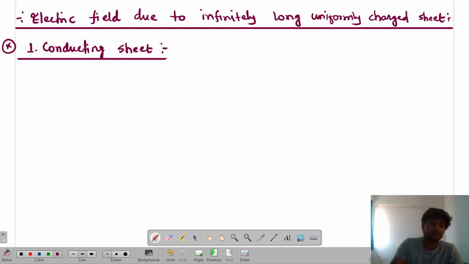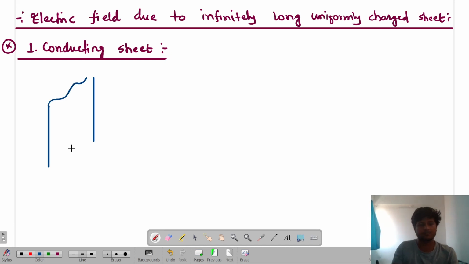Now look. Let's suppose I have a sheet which is infinitely long, and is positively charged. So it will look like this way or not?